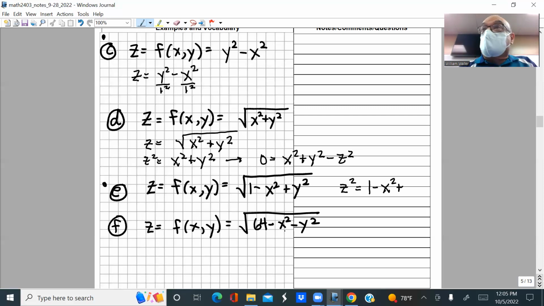Well, let's try this one, because I think your steps are very similar. You square both sides, so you get z squared equals all that's under the radical. Now just rearrange terms.